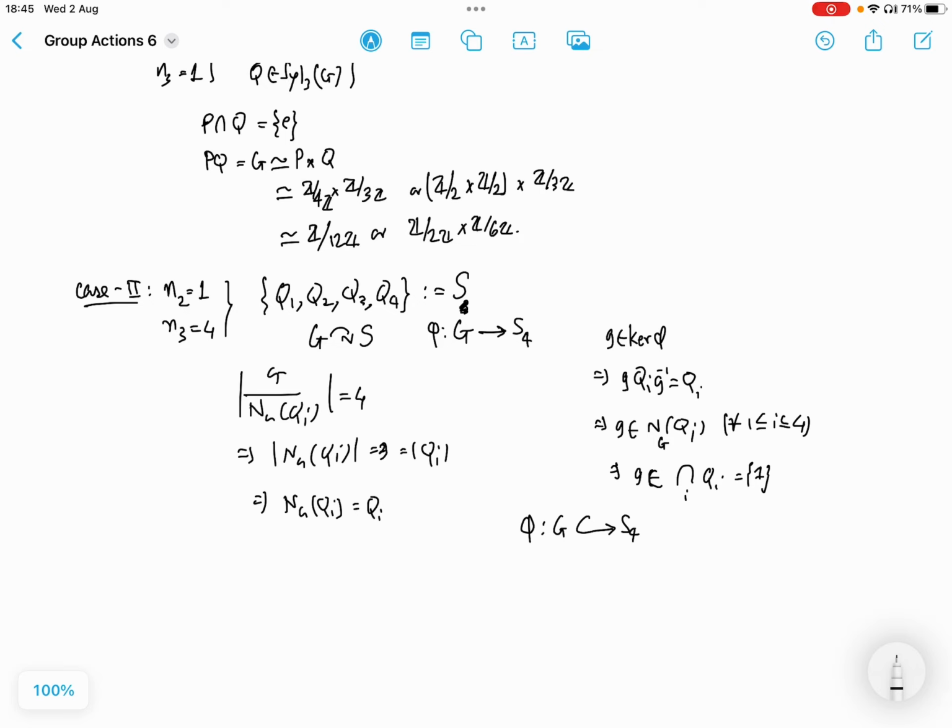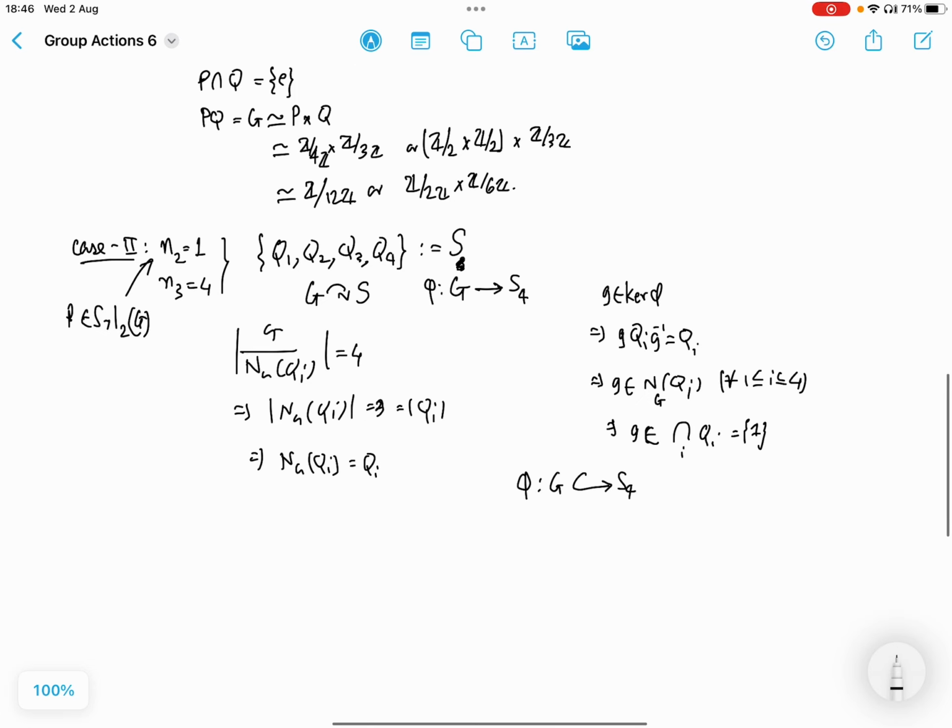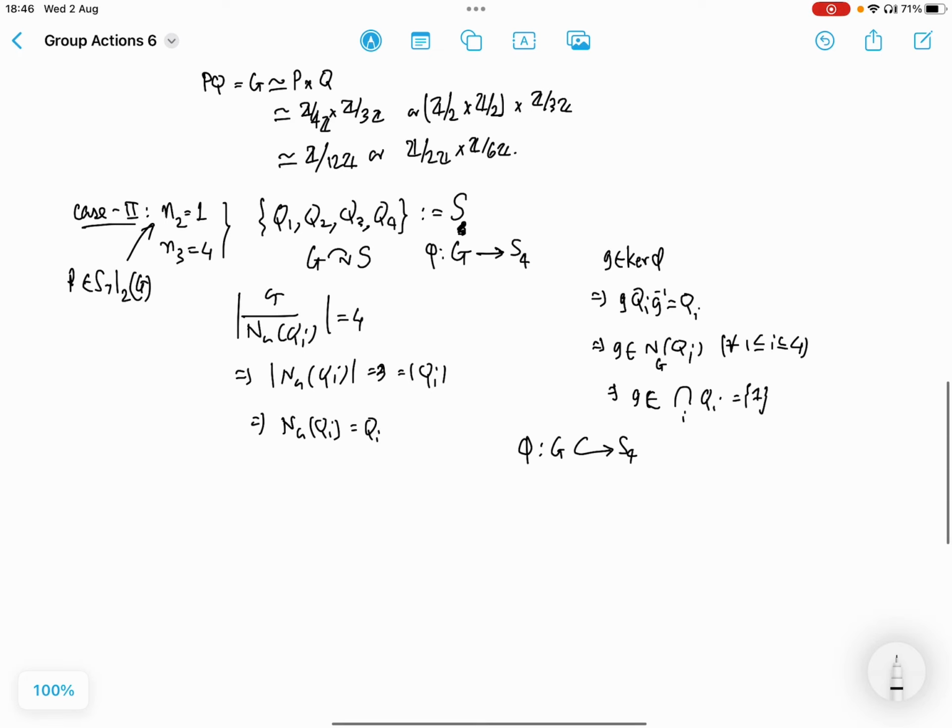Now let's see what we can do. So suppose now P was the unique Sylow 2 subgroup. Let me just call P the unique one, of order 4. So there are two choices for P. Either it is cyclic or it is a direct sum of two cyclic groups. So let's see the first one.